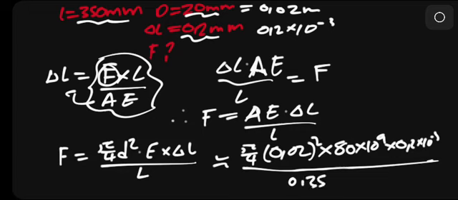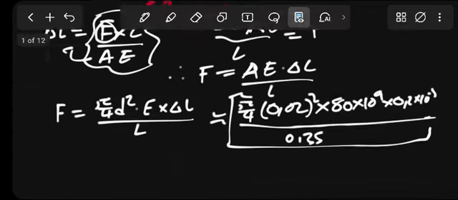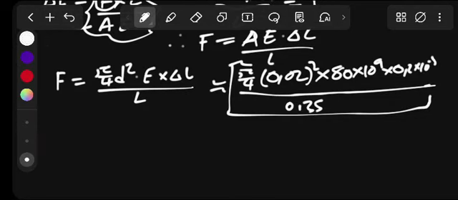So we punch this on our calculator. Let me grab mine and see what we'll have as our force. We have pi over 4 into 0.02 squared, multiplied by 80 times 10 to the power of 9.